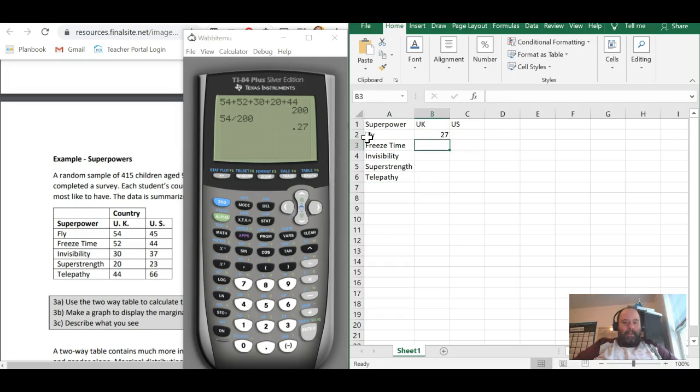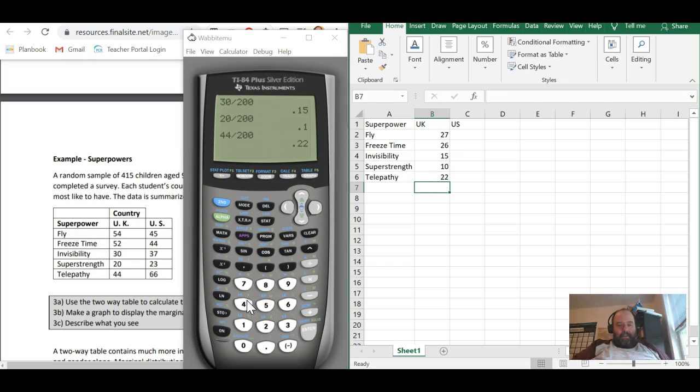So I'm going to put this in as a percentage. 52 divided by 200 gets me 26%. Invisibility is 30 by 200, which gets me 15%. 20 divided by 200 gets me 10%. And 44 divided by 200 gets me 22%, right? It's just half of each of them.